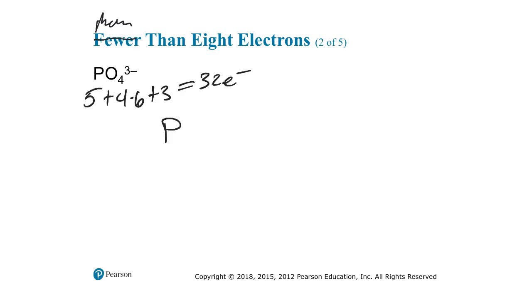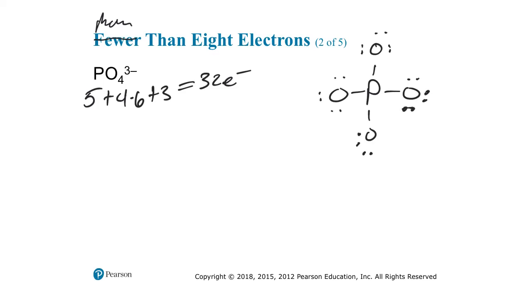So let's do this one over here. Now this one ends up being tricky, but not that tricky. So we distribute 8 electrons across each of the O's. That's all of our electrons, no lone pair electrons on phosphorus.